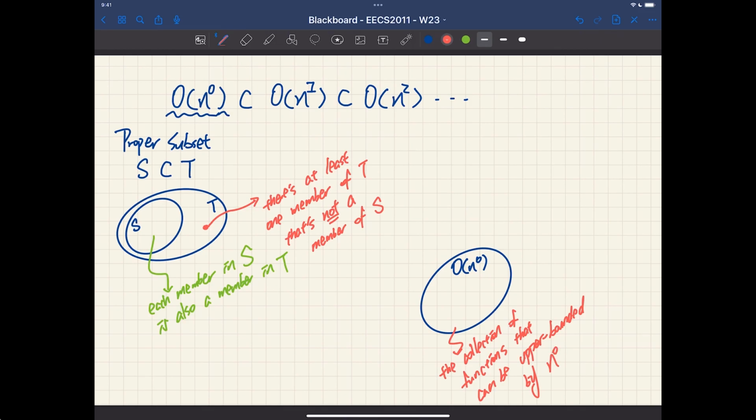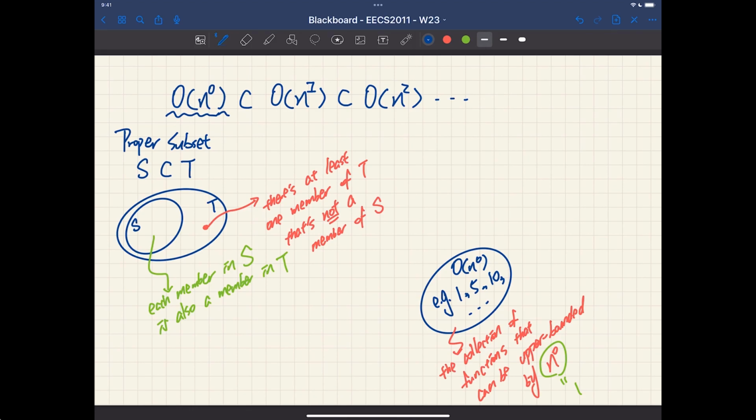Of course, n to the power 0 is equal to just 1, a constant. Let's see some examples: 1, 5, 10, and so on. Any constant. So f of n will be equal to 1, f of n will be equal to 5, f of n will be equal to 10. That's the family of big O of n to the power 0.